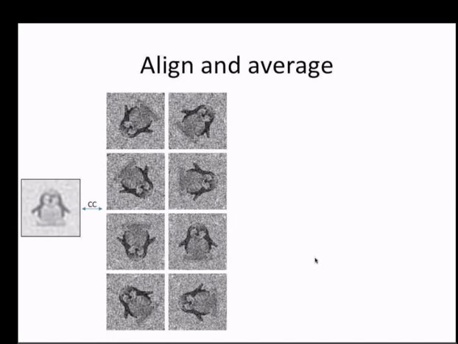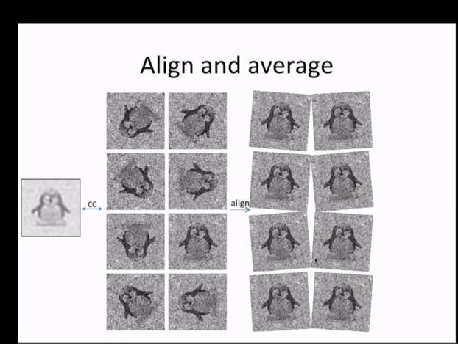And then you do this not for one experimental image, you do this for all of them. Because your initial image of the penguin was a relatively poor one, this alignment process, as people call it, is not perfect, but it will be better than the more or less random orientations that the particles were in.